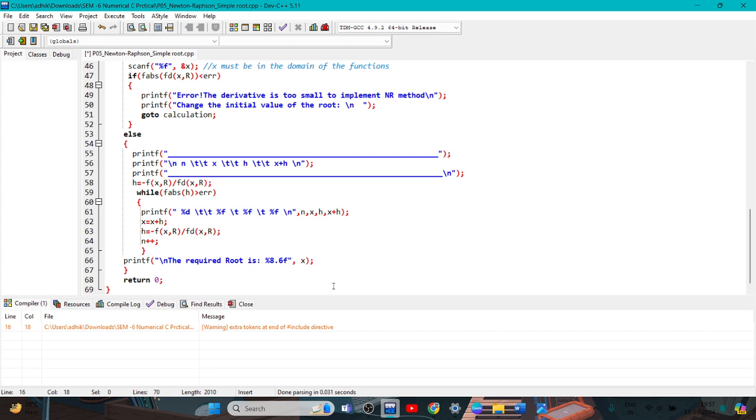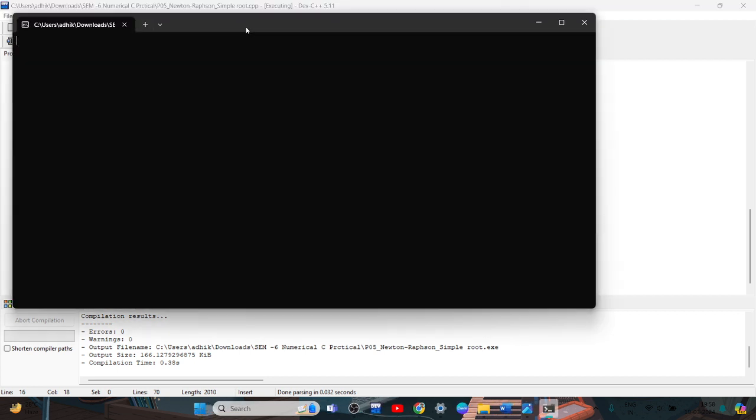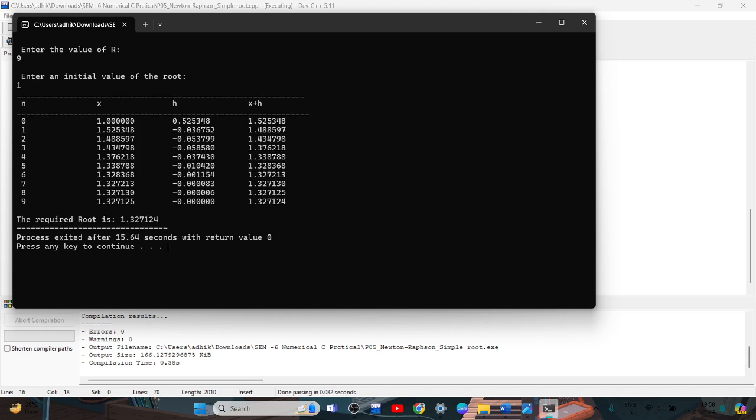First we save this problem, and next compile, and there is no error, and then F10 is run of this problem. Enter the value of r. We put here 9, the last digit of your roll number, and enter an initial value of the root, say 1. So this is the table, the steps up to the 10th step, with the value of x, value of h, and x plus h.